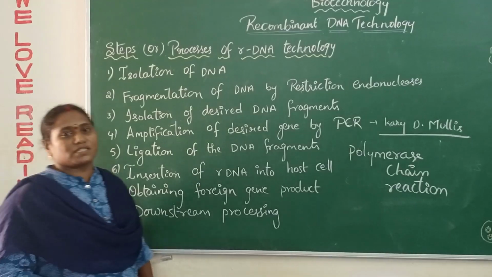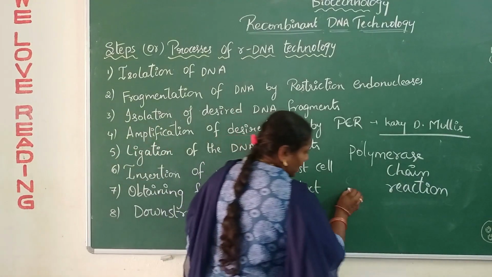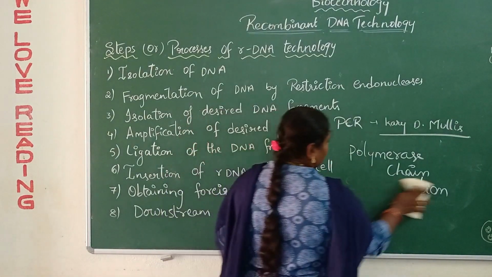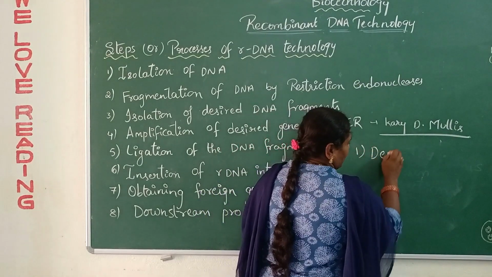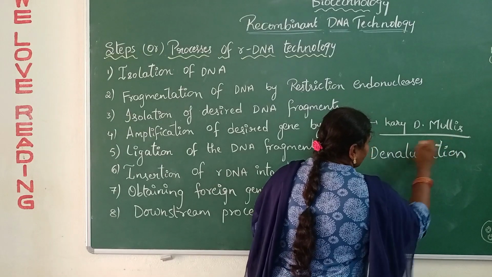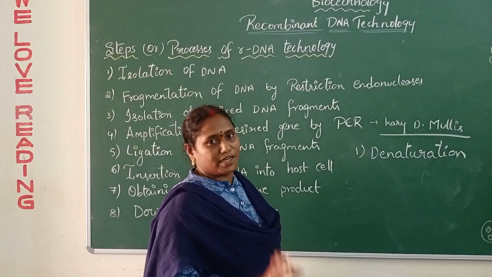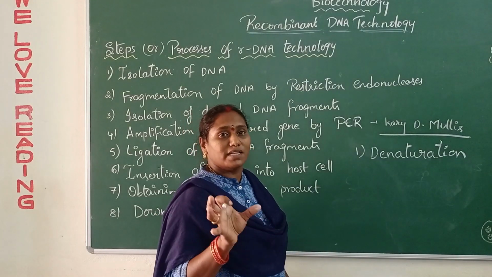In this polymerase chain reaction, it actually happens in three steps. The very first step of polymerase chain reaction is denaturation. In order to get a desired DNA molecule, first we have to separate it from the double stranded DNA molecule and make it into a single stranded DNA molecule.